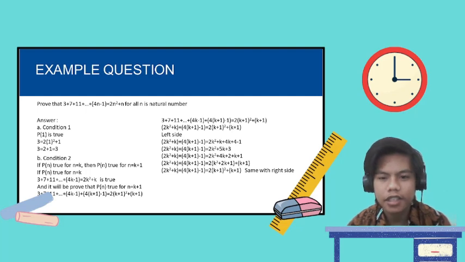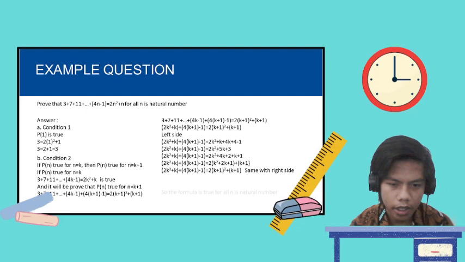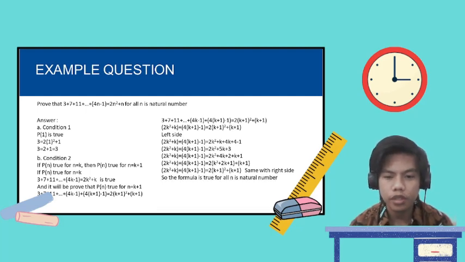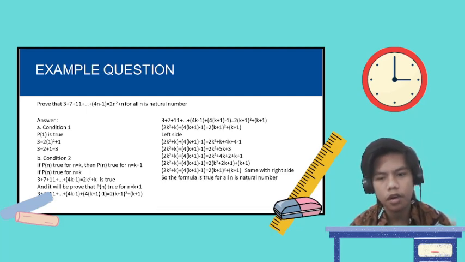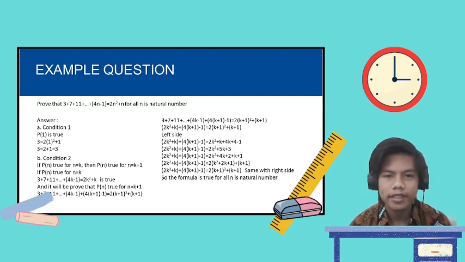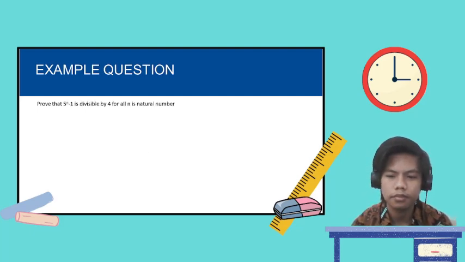That is the same as the right side. And so the formula is true for all n, where n is a natural number.